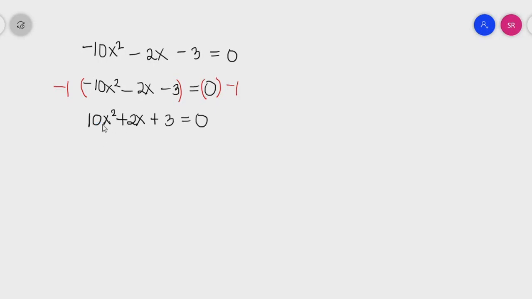So now, to solve for the roots of our quadratic equation, we will then choose a method that can solve this equation. And for this case, we are going to choose quadratic formula. Bakit quadratic formula? Because yung coefficient ng a natin dito is malaki. And looking at our quadratic equation, it is not factorable. So, to make our lives easier, we will use the quadratic formula.